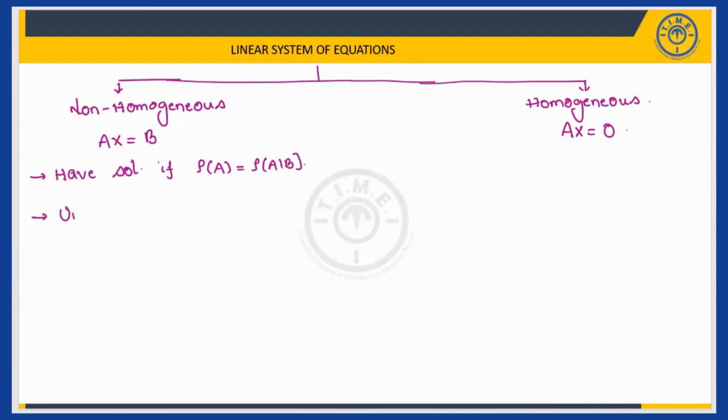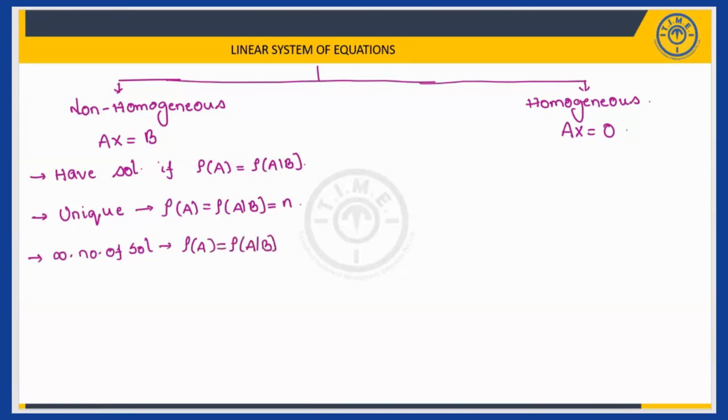They will have a unique solution if rank of A equals rank of augmented and it equals n. They will have infinite number of solutions if rank of A equals rank of augmented and it is less than n.